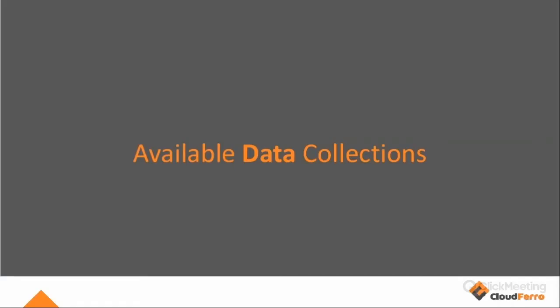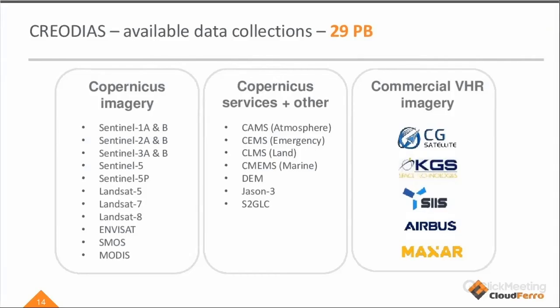The data collections available on CREODIAS are very rich. So you have every Sentinel, Landsat, Envisat, SMOS and MODIS collections, other Copernicus services like CAMS, CEMS, CLMS, DEMS, and so on.